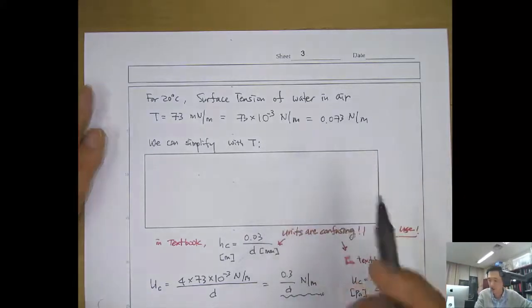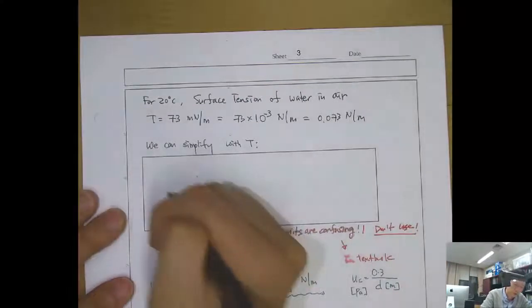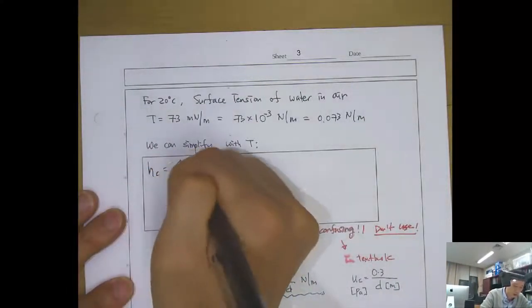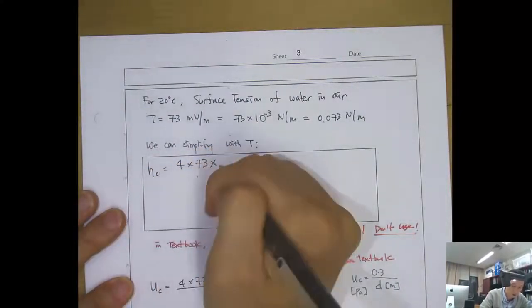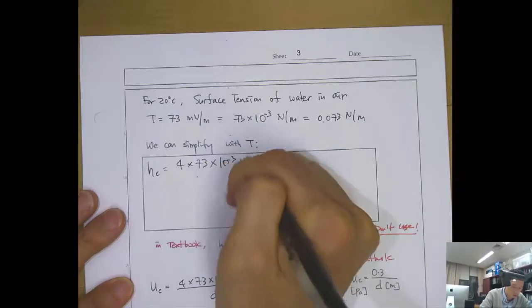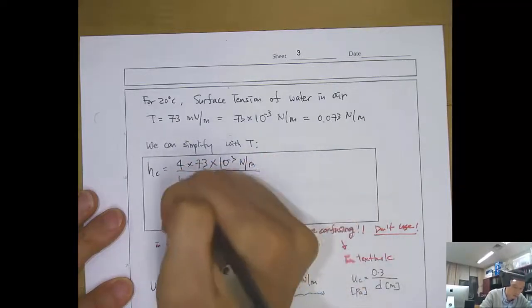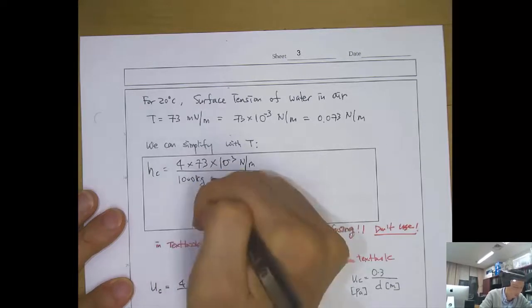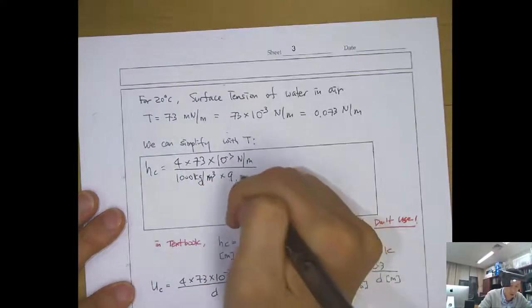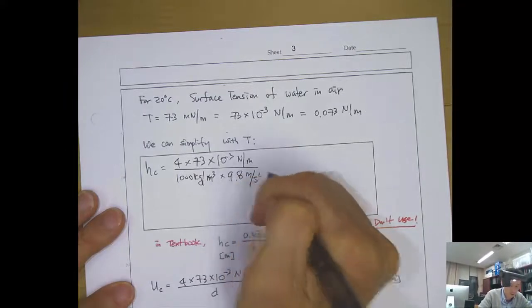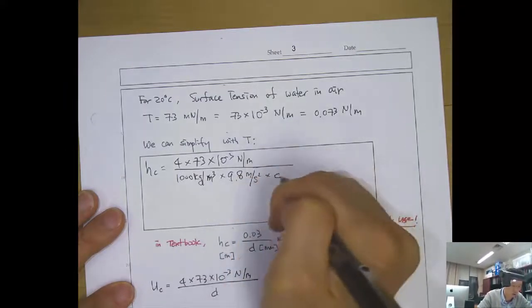So then if we put it in the equation, hc will be 4 times 73 times 10 to the negative 3 Newton per meter over 1,000 kilogram per cubic meter times 9.8 meter per second squared times d.